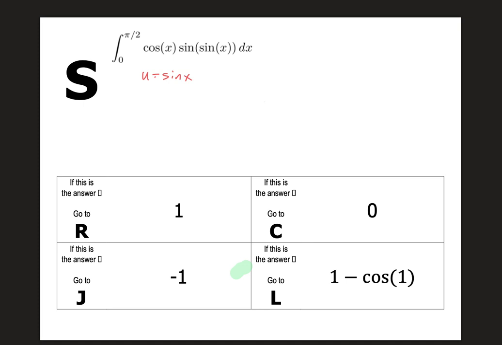Okay, so we'll make u equal sine x, and immediately take the derivative of both sides. Just notice that this sine x is u, so that's going to get replaced with u, and this cosine x dx together is du.